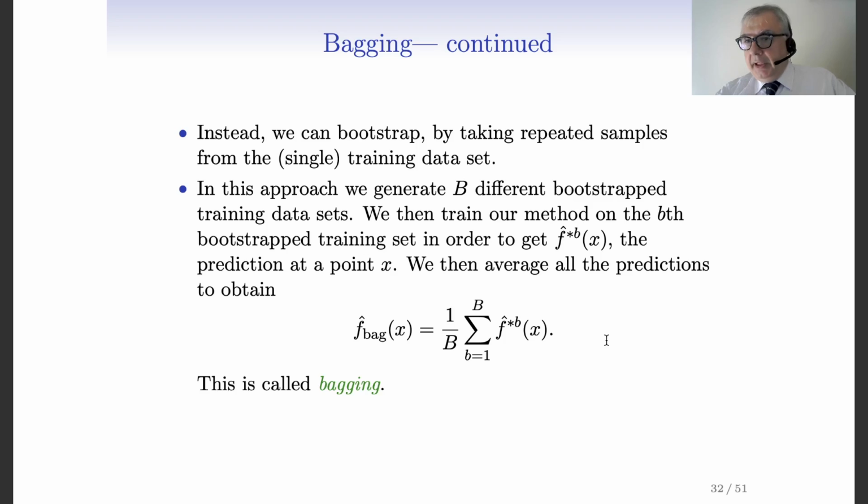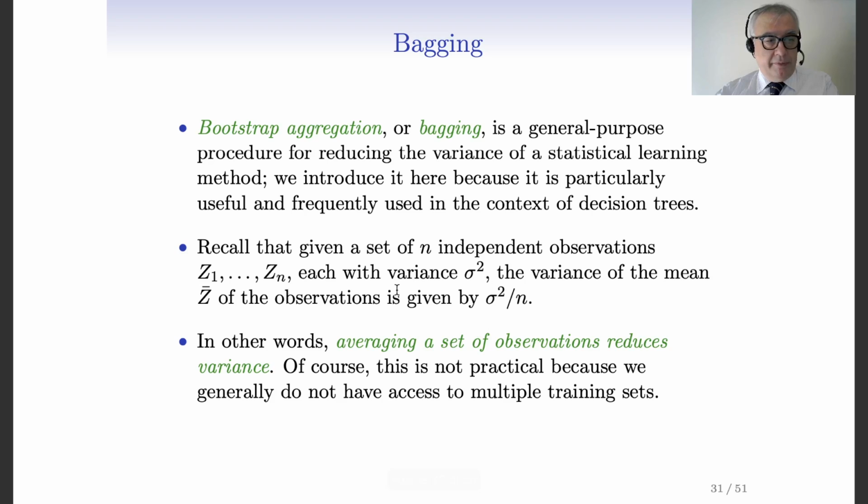Okay, it is brilliant in some sense, but there is a point. Is it going to work? I'm asking this because when you are performing bootstrapping, your bootstrapped datasets are not independent. I started with the fact that the average of independent observations has a smaller variance.